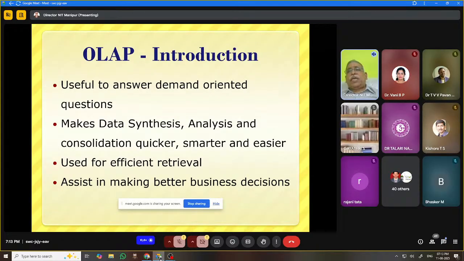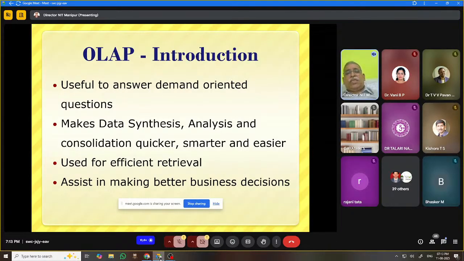And what OLAP basically does is data synthesis, data analysis, and data consolidation. That means aggregation, summaries, analyzing, and then combining the data. Everything you can do quicker, smarter, and easier. Quicker means you can do it easily. It is not quicker than our AI tools, but this is a tool developed a long time back.